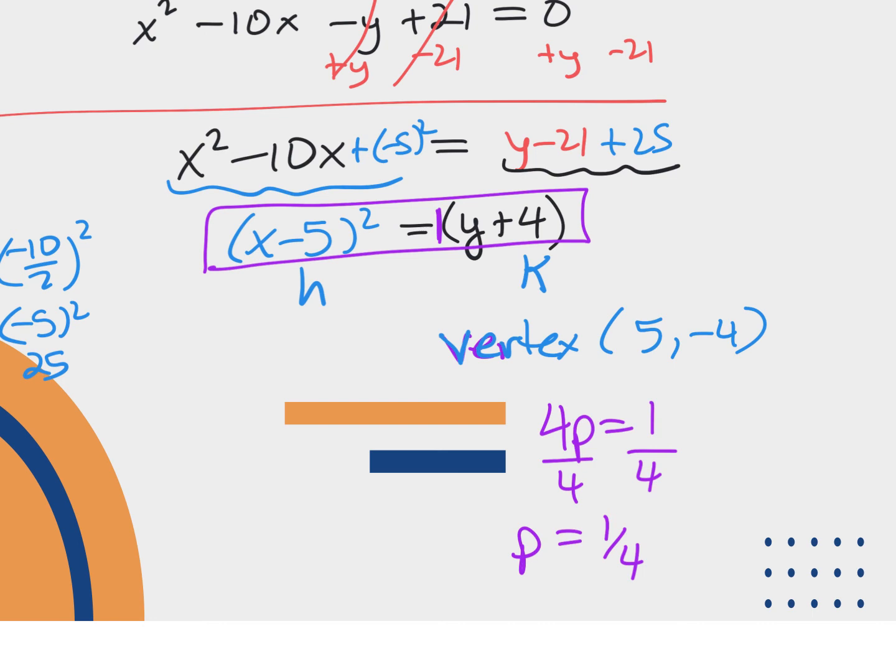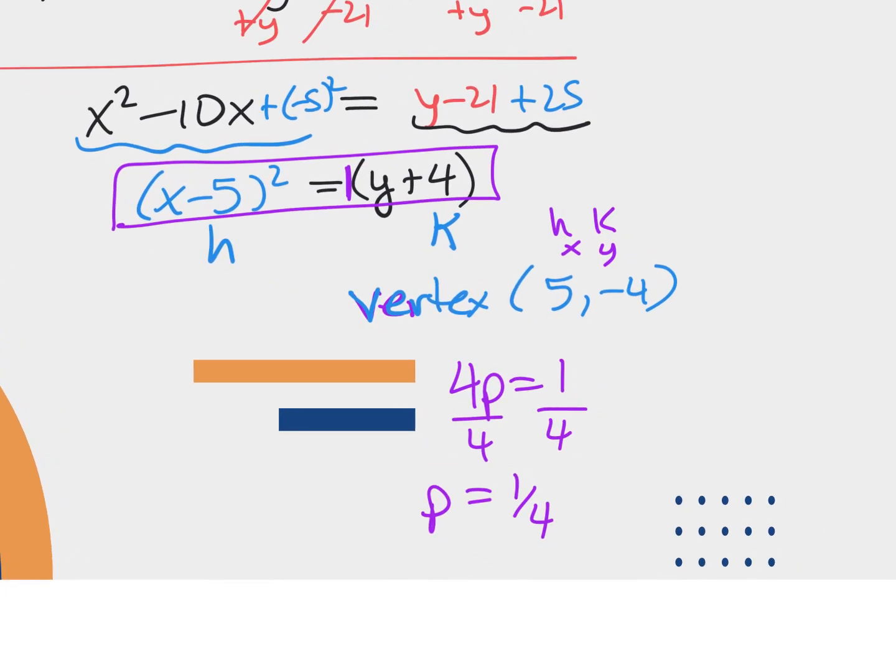Remember, we use that p-value to find the focus. We're going to add p to the non-squared variable of my vertex. My non-squared variable was y. So again, remember, not only is this h, k, it's also x, y. So I'm going to be adding p to the y to get the focus.